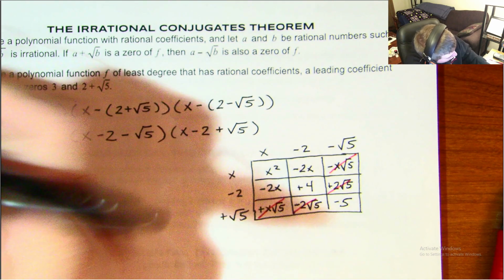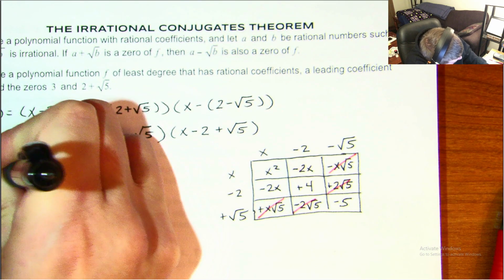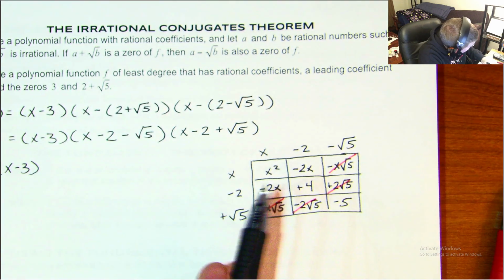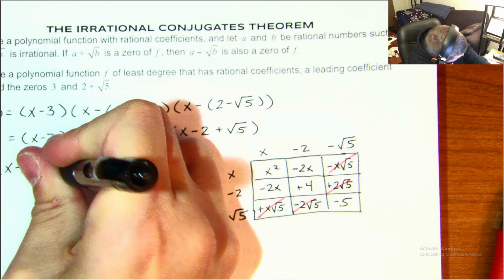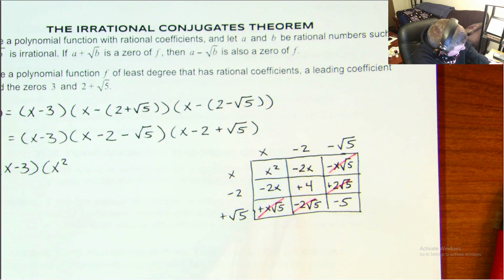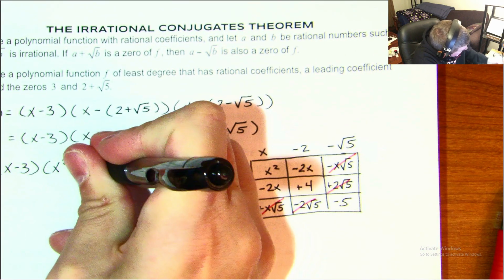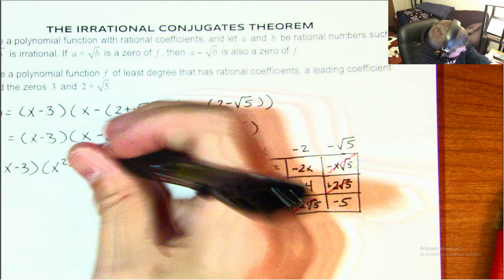Okay, so we are left with x minus 3 times x squared, negative 4x, and then 4 and negative 5 is negative 1.